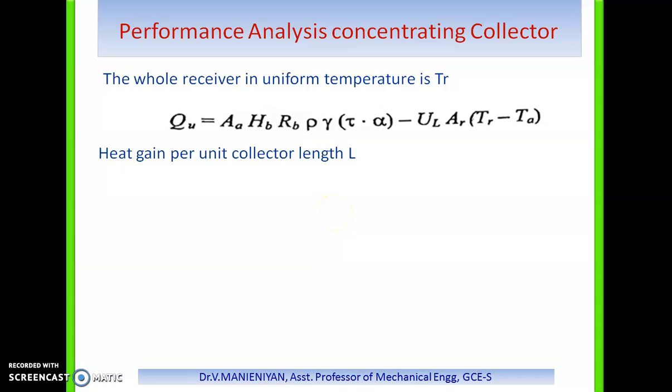The generalized analysis of a focusing collector system is similar to that of flat plate collectors. So now the heat gain per unit length of the collector can be written as Q equal to the area of the collector and absorber, HBRB rho gamma tau alpha minus D naught UL times the temperature difference of TR minus TA.